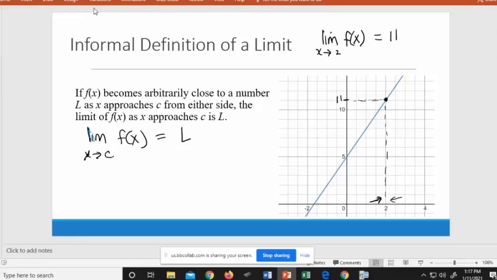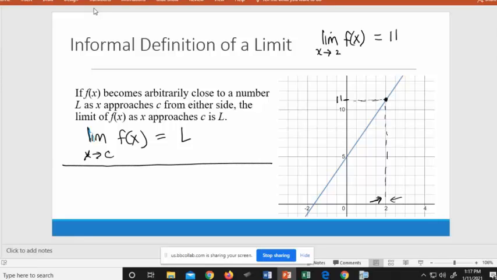Okay, now something else that we may be concerned about are left and right-hand-sided limits. Okay, so in this case, I could write them individually. And so let's do that just to make sure that we know that these are valid statements.